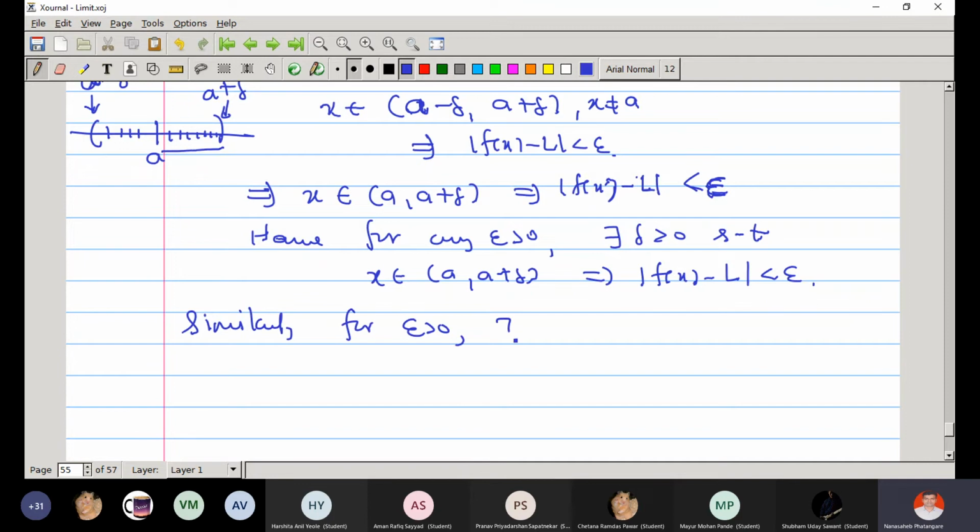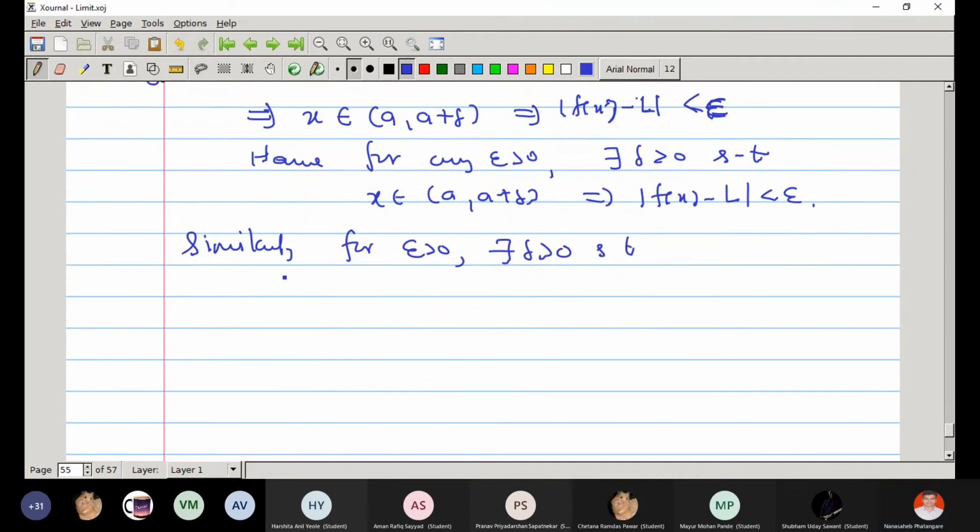So hence, can I say that the right hand limit at a is L, right?